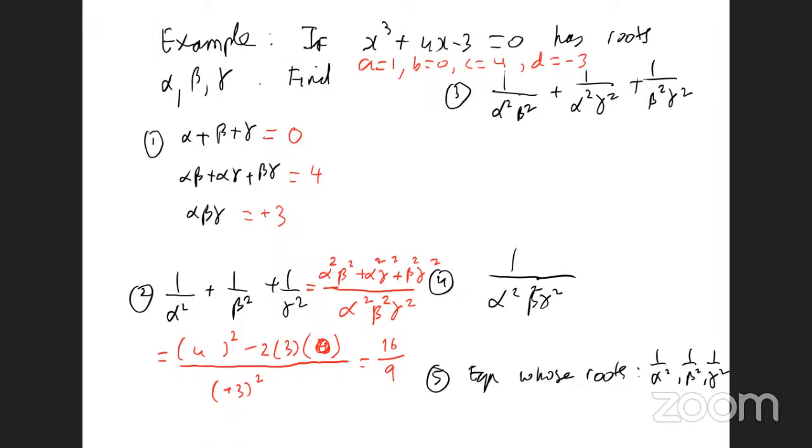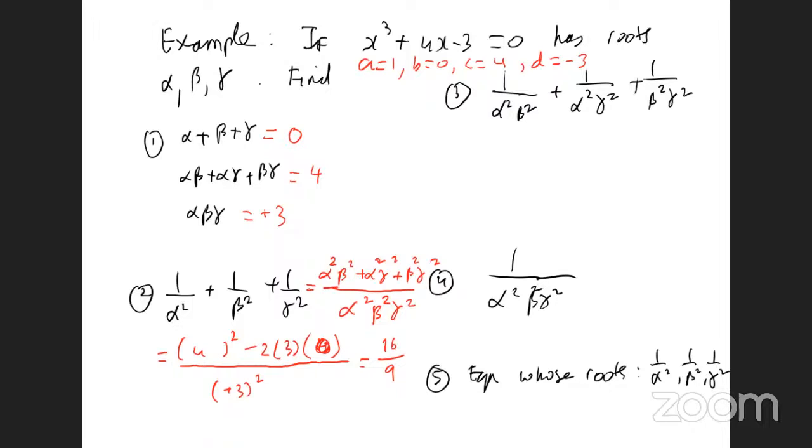Understand? Check the formula, the pairwise sum squared minus 2 by the product of the roots by the sum of the roots. That's how you get the formula.